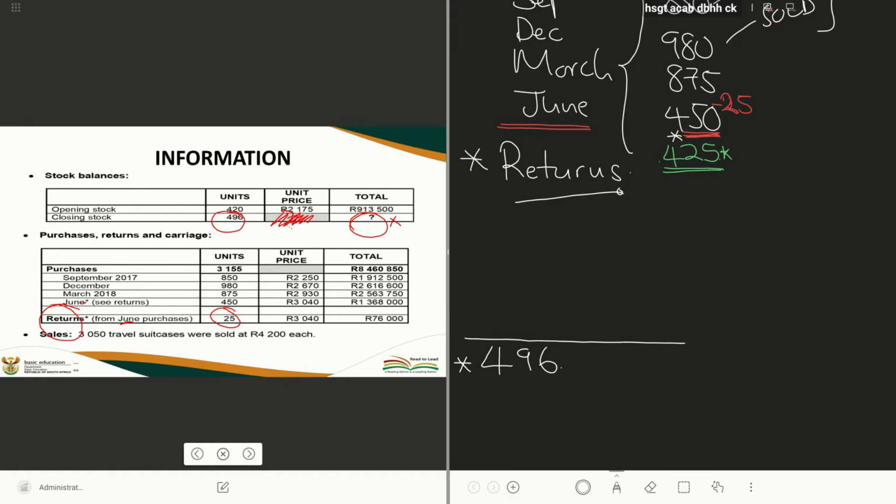And my recent purchases are 425. So you're going to say 425. You now need to remember, you need to multiply this by the June unit price.